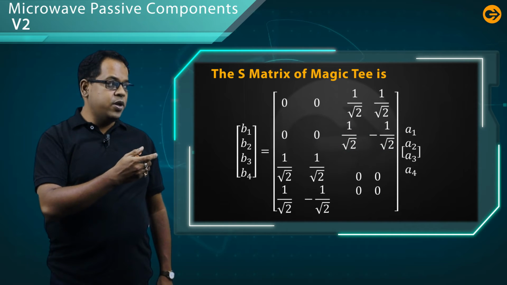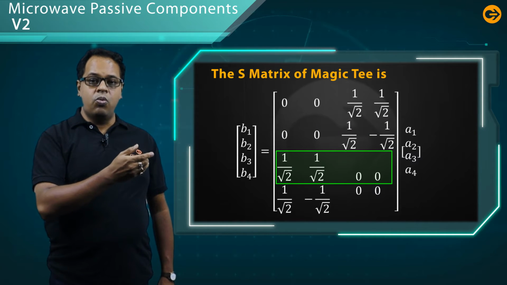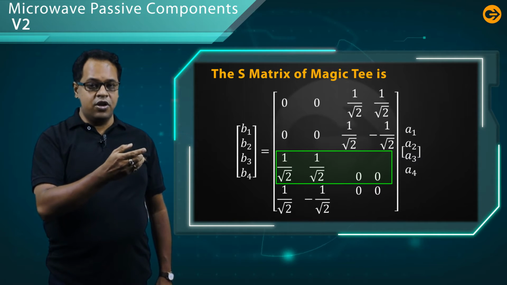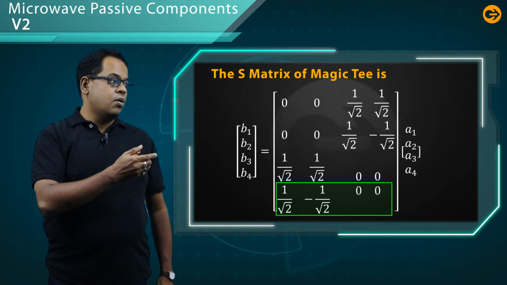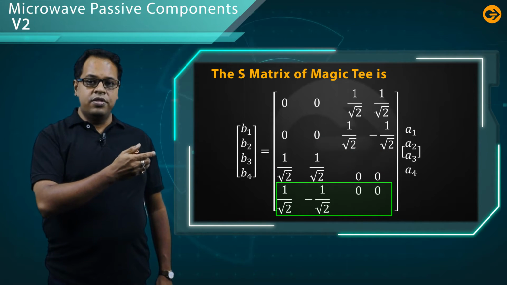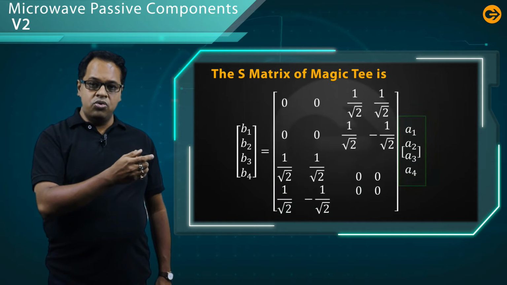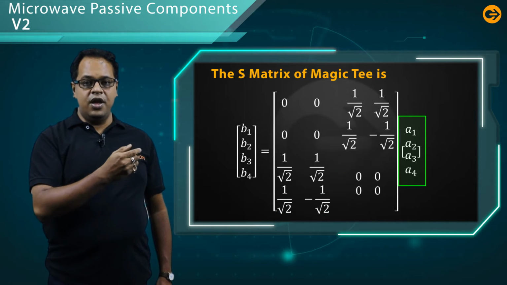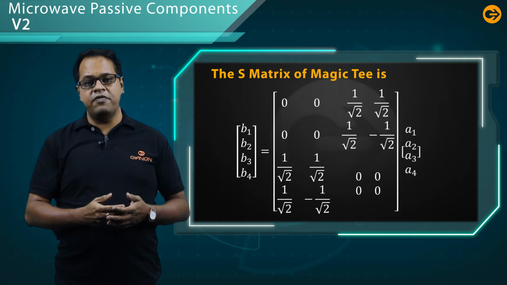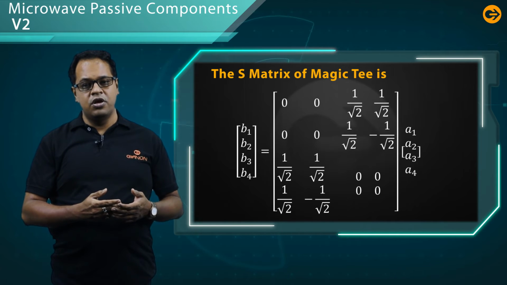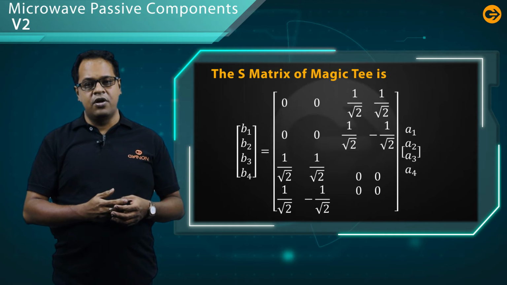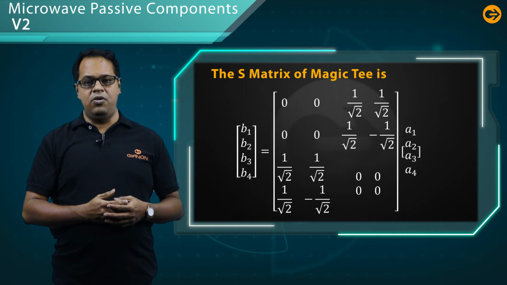The third row will be 1 by root 2, 1 by root 2, 0, 0. The fourth row will be 1 by root 2, minus 1 by root 2, 0, 0, into A1, A2, A3, A4. You are already aware that B1, B2, B3, B4 are the output signal or power and A1, A2, A3, A4 are the input signal or power.